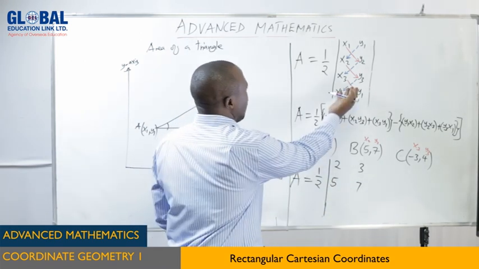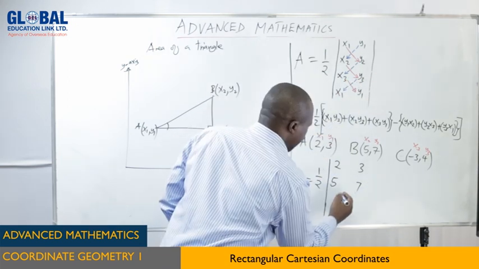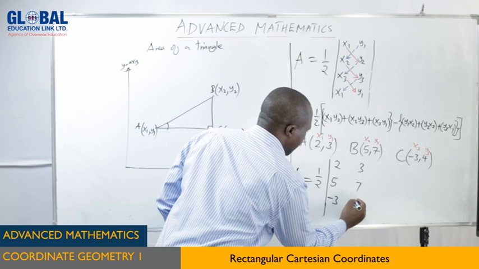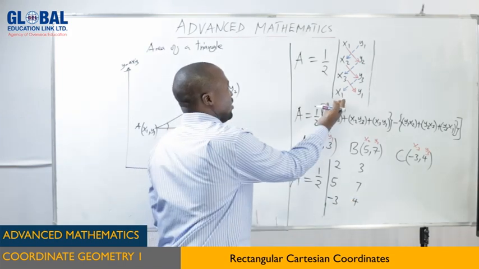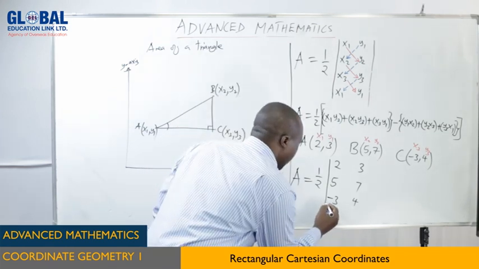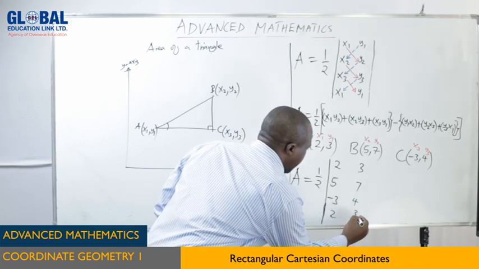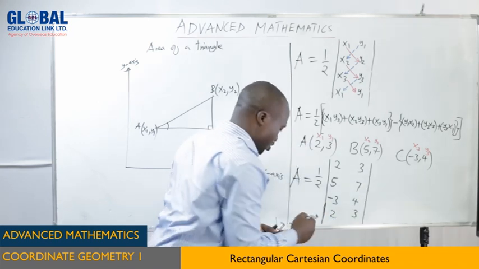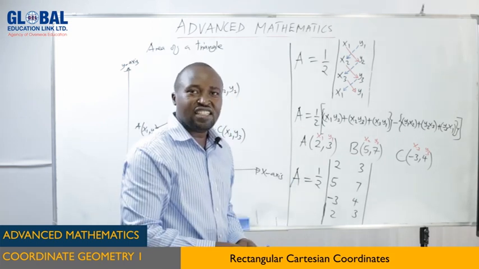Another one, x3, y3, that is -3 and 4. And the last one is x1, y1. That means we repeat the first coordinate, which is 2 and 3. So remember, we use arrows and the dotted arrow.